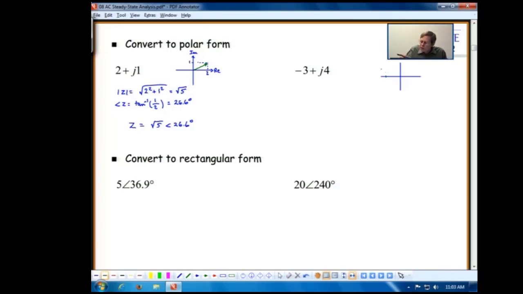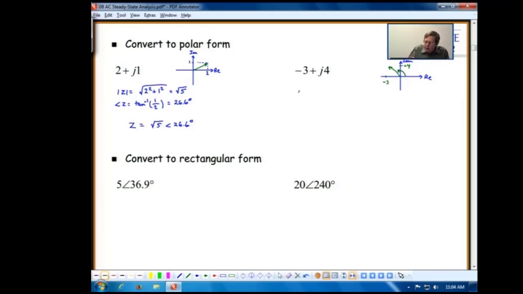So we're at minus 3 and plus 4 for the imaginary part. So the vector is in this direction here. If our calculator returns the principal angle, it'll probably return the one in the fourth quadrant. We'll have to add 180 degrees to it to get the actual angle, which will be here.